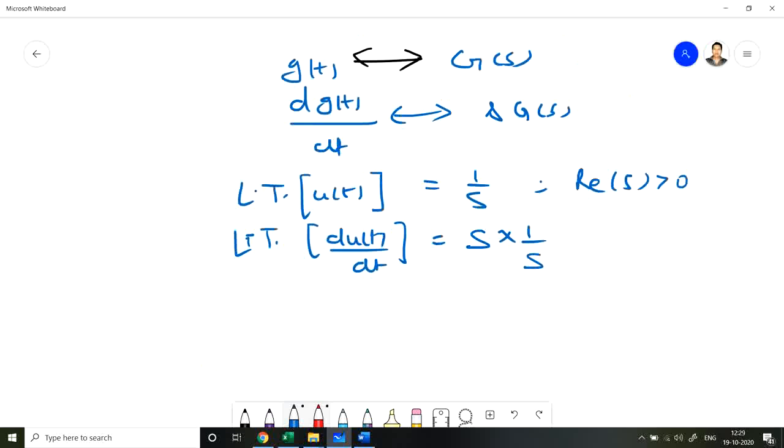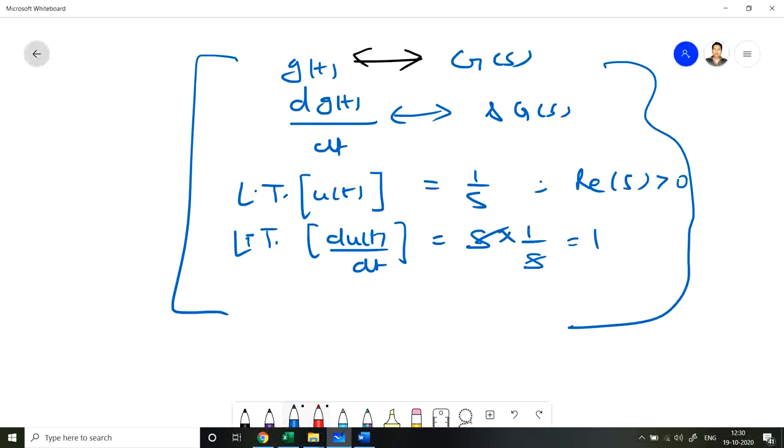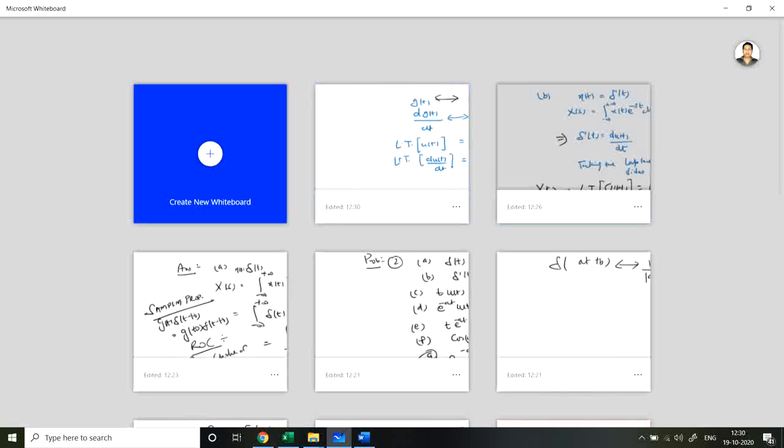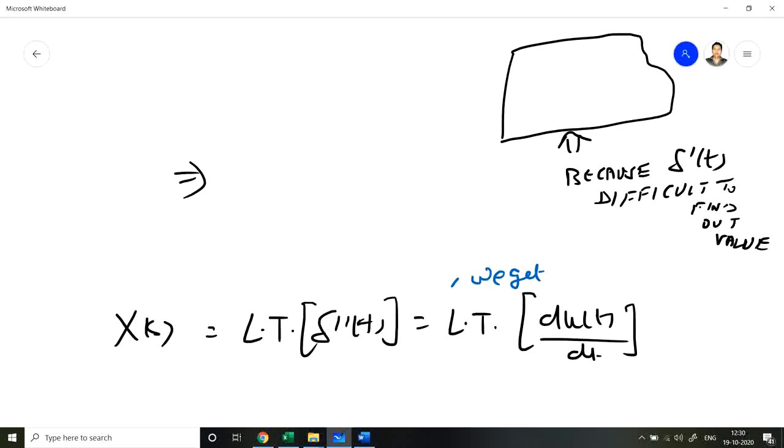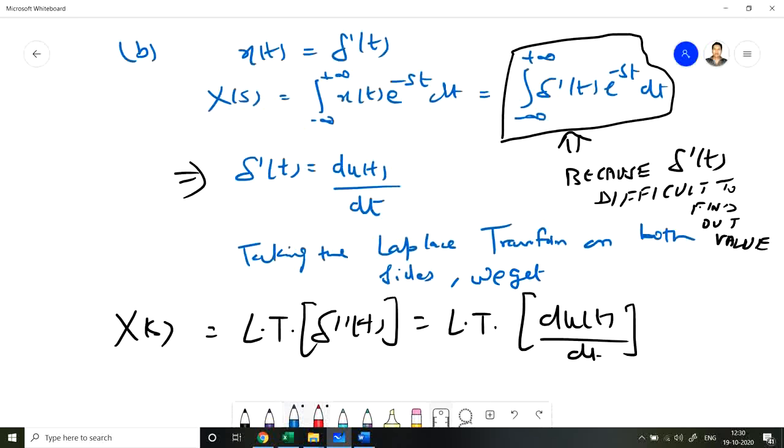We can also solve this problem by using the property of the unit impulse function. δ(at plus b), if we take a common, can be written as δ(a(t plus b divided by a)). Now if we find the Laplace transform of this signal, here we have scaling and also time shifting.